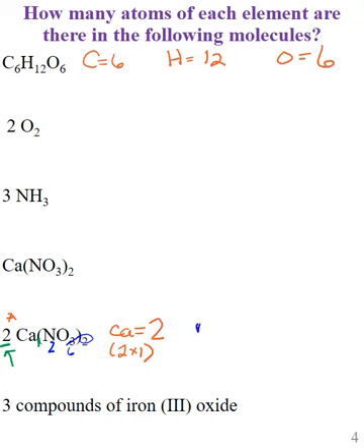Now going through, how many nitrogens are there? There's 4, because it's going to be 2 times 2. And then how many oxygens are there? There's 6. 2 times 6. Oopsie. I did that wrong. How many oxygens should there be? There should be a total of 12.